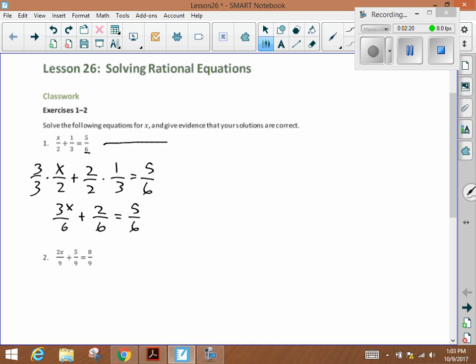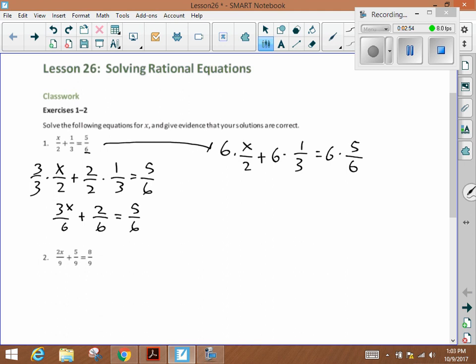So let's look at the other opportunity that we have here. What if I was just to multiply everything by 6? So I have 6 times x over 2 plus 6 times 1/3 equals 6 times 5/6. And I'm still within all of the rules of algebra because I multiplied 6 times everything in my equation.